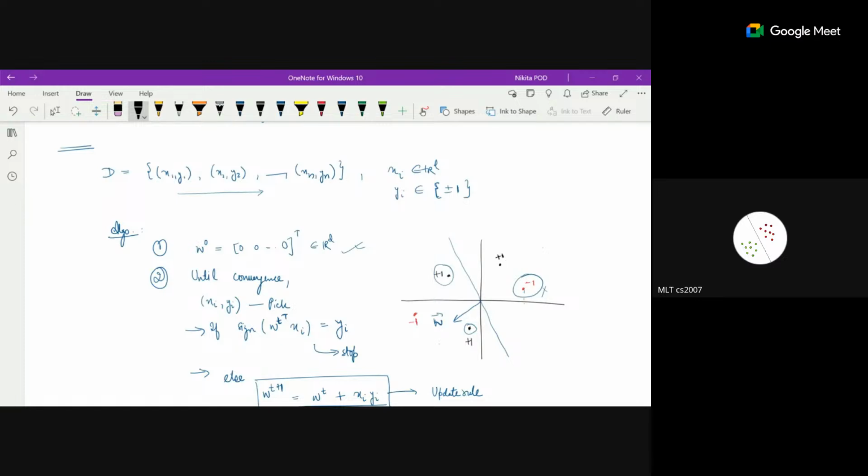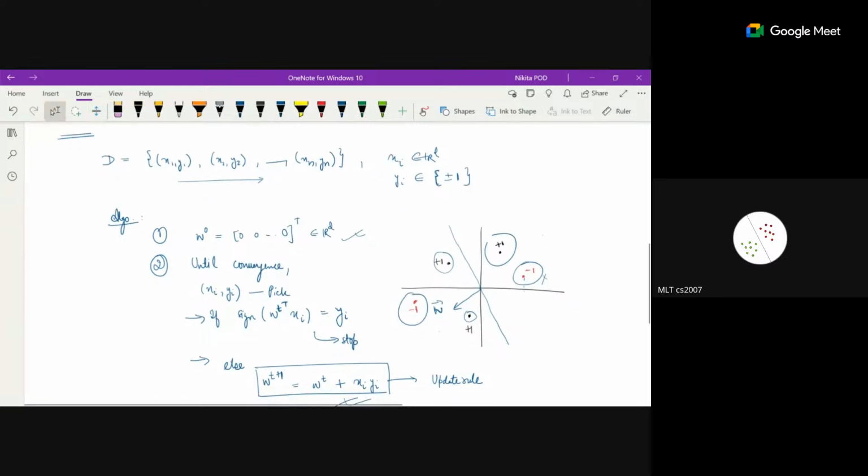So again, this is also not correctly classified. So in this case, I have these 2 points, one is this and one is this, which are not correctly classified, right? So again, I will update. There should be some sequence in which you go through the xi. So suppose this is my x1, this is my x2, this is my x3, this is my x4, and this is my x5.